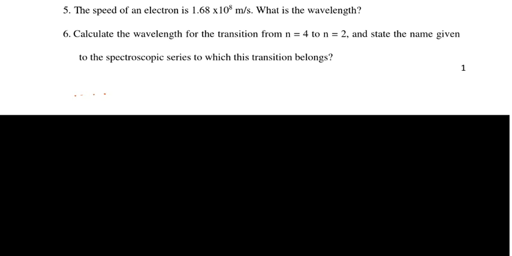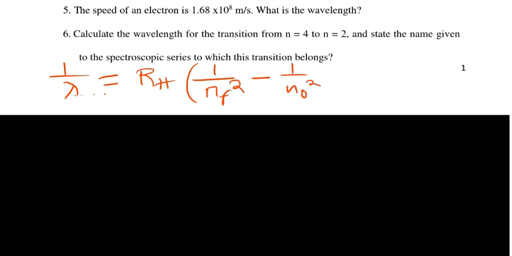And then we now need to determine the wavelength for the transition from n equal to 4 to n equal to 2. So the equation that we use there is the Rydberg constant equation. Okay, so it's the inverse of the wavelength being equal to the Rydberg's constant, and then for the transition we show 1 over final energy level minus 1 over the initial.